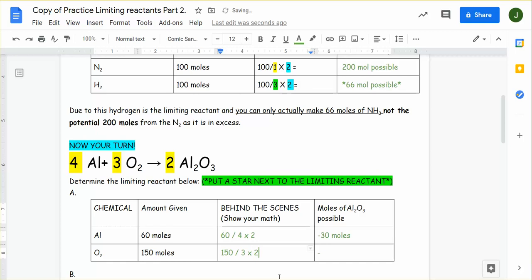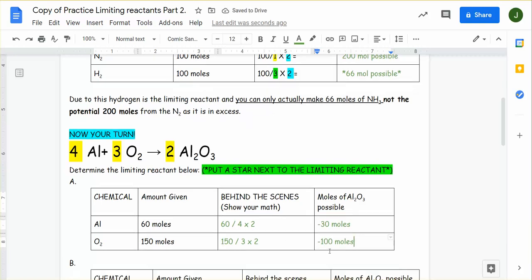Then I multiply it by 2, because that's what we're trying to convert it into: our product, aluminum oxide, because we want to know how much we could technically make. So 150 divided by 3 is 50, times 2 gives us 100 moles.